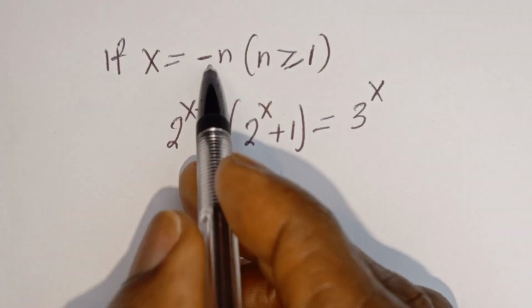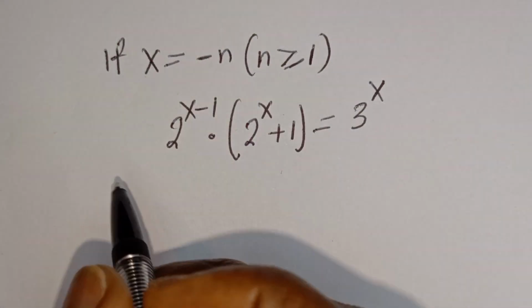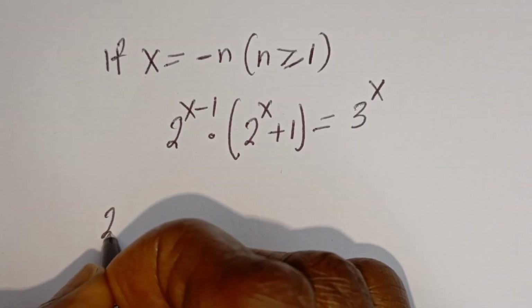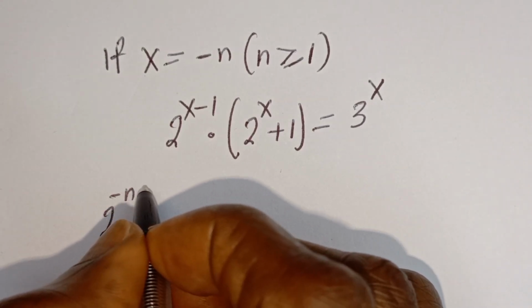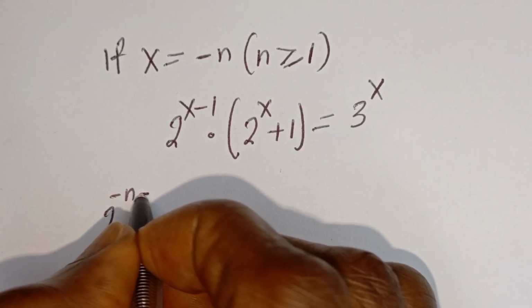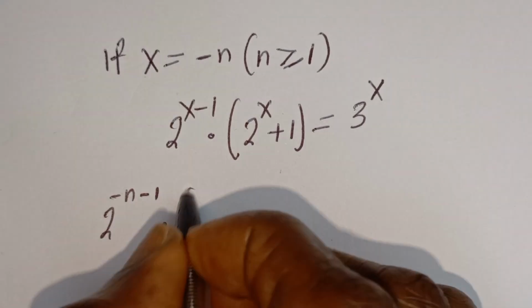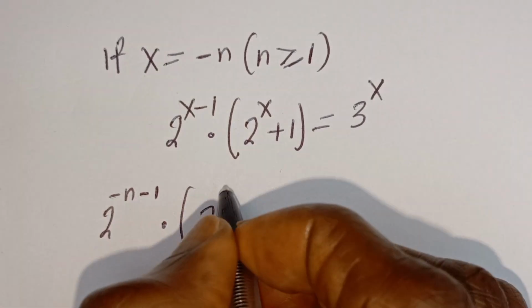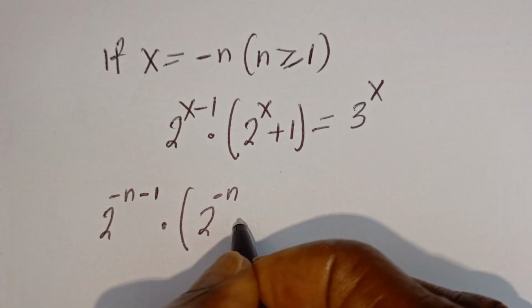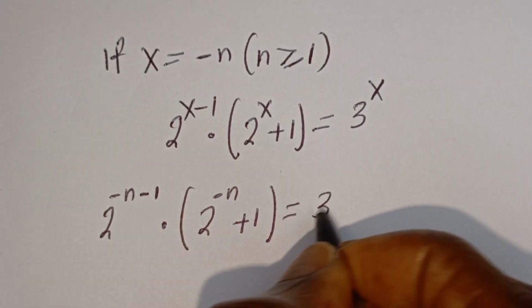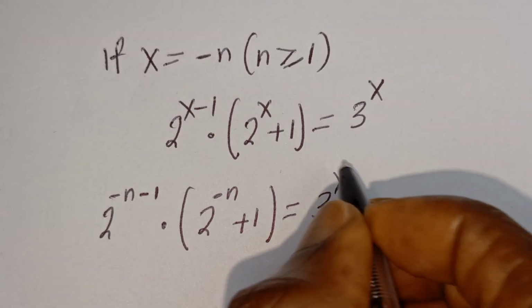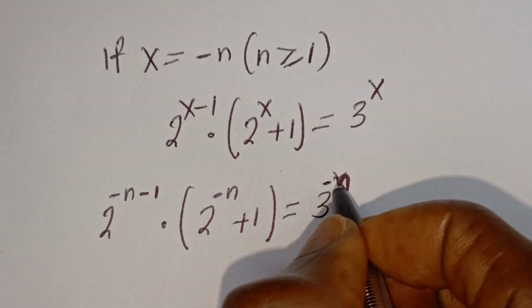Now, if x is equal to minus n, we have 2 to the power of negative n minus 1 multiplied by this 2 to the power of negative n plus 1 is equal to 3 to the power of negative n.